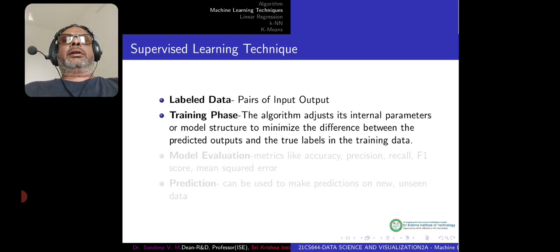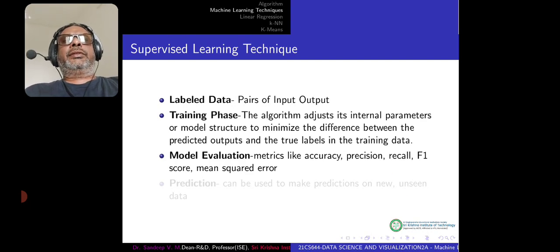So here a model is assumed, and the internal parameters are used to predict the output, and if the output is not matching with the real output, then these internal parameters are adjusted so that the predicted output will match with the real output.